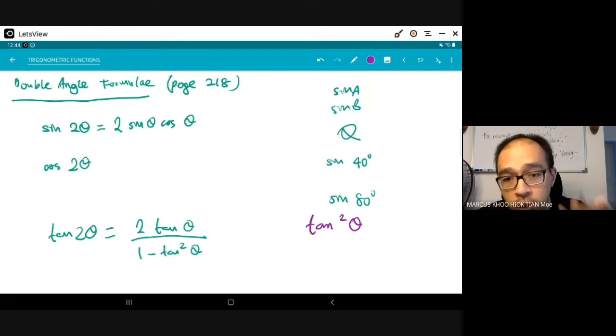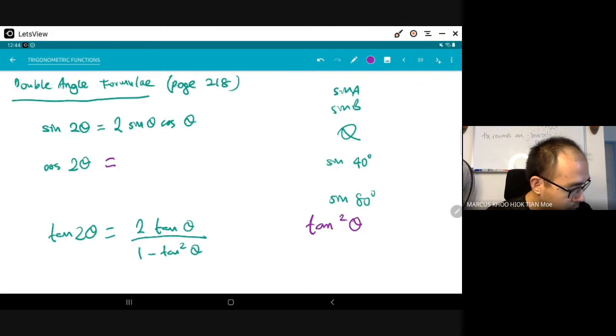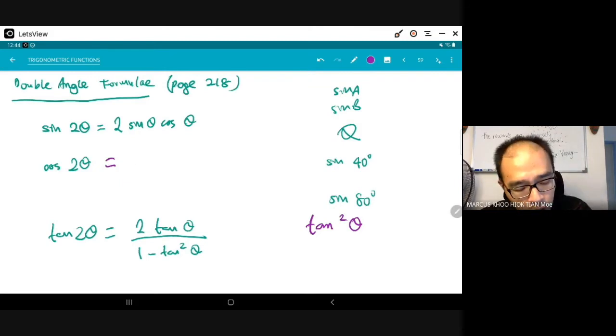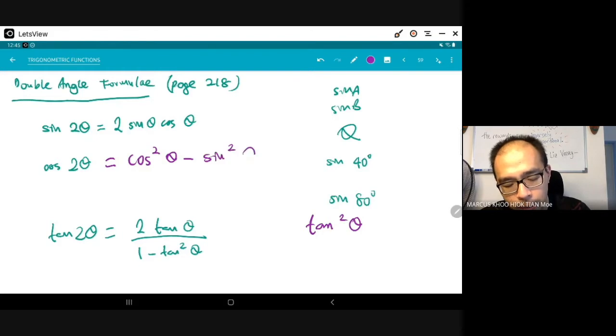Okay, cos 2 theta: there are 3 formulas that can make up cos 2 theta. The first formula involves both cos squared theta minus sine squared theta. It involves both cos and sine. The second formula is 2 cos squared theta minus 1.